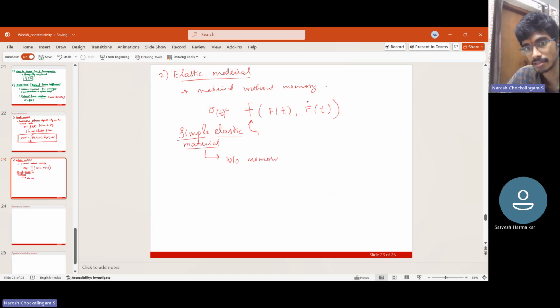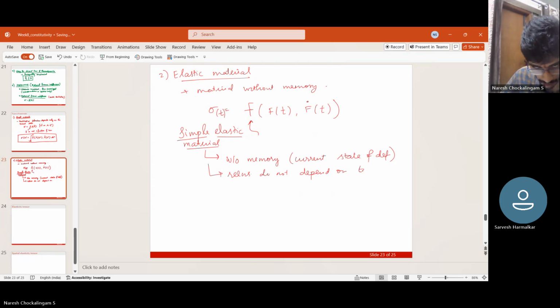That is, the response depends only on the current state of deformation, and the constitutive relations themselves do not depend on time. So this was actually covered in the course content.